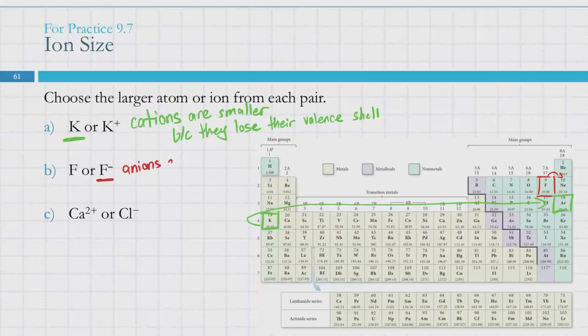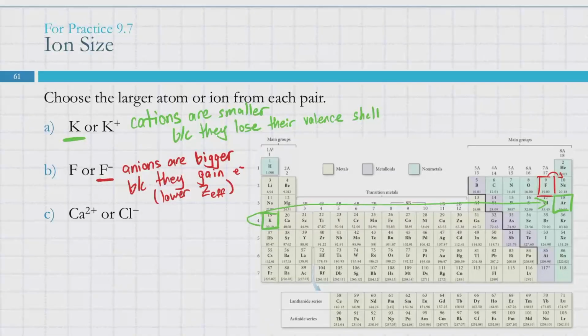So anions are bigger because we added electrons. There's some shielding even though they're in the same level, and so it results in a lower effective nuclear charge. So they gain electrons, which results in lower Zeff, effective nuclear charge.